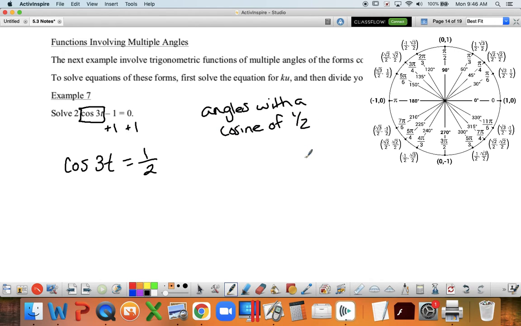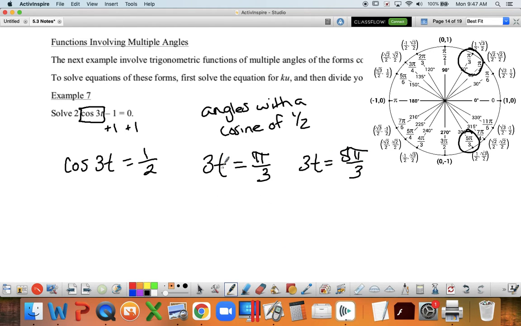So angles that have a cosine of 1/2, we got pi over 3 and then we've got 5 pi over 3. All right, so those are our two answers. So we would say that 3t equals pi over 3 and 3t equals 5 pi over 3.